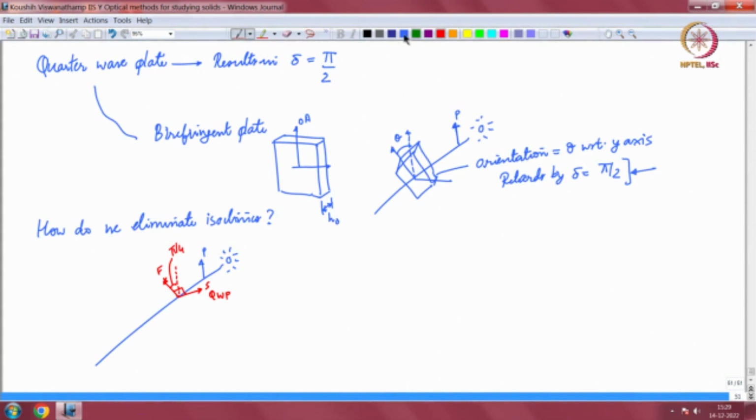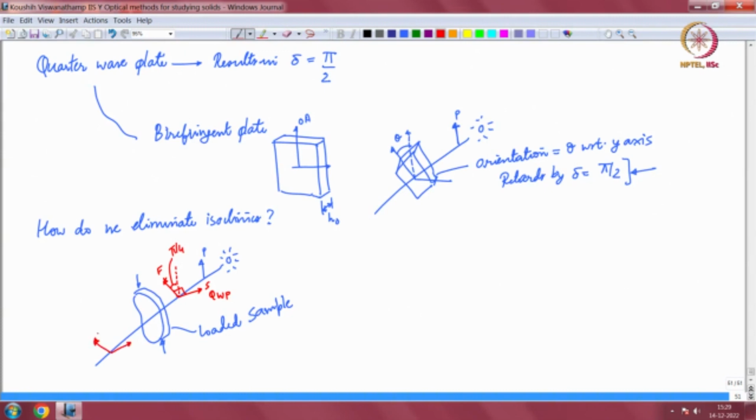Okay. If you do this and then you let the light pass through your sample, let us say sample is loaded, and then you take another quarter wave plate and place it now cross to the original quarter wave plate.